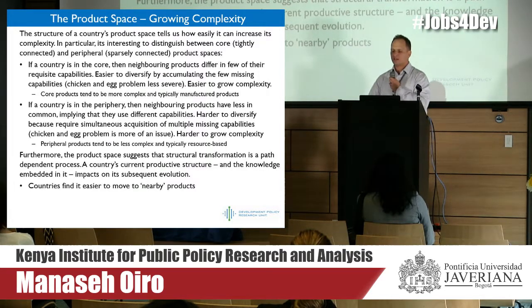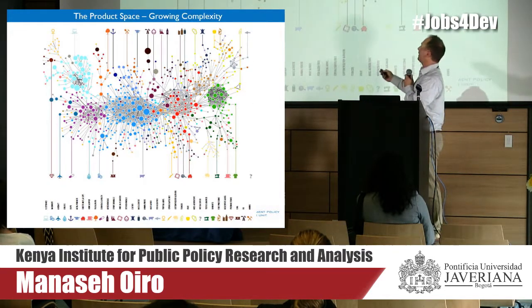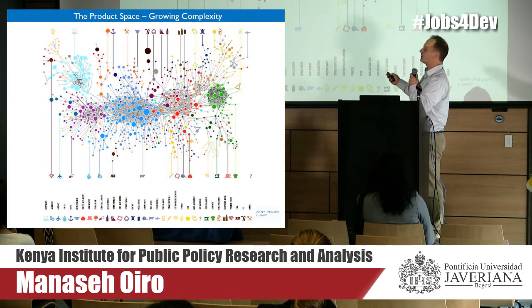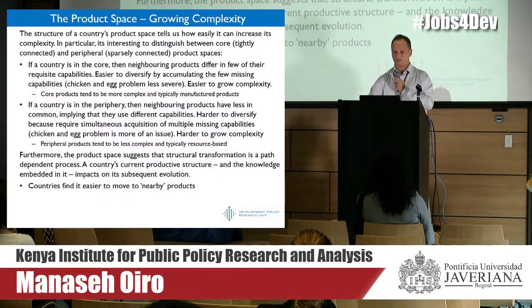What this means is that if a country has some occupied nodes in the core of this product space, it's relatively easier to diversify their manufacturing. Whereas if they occupy nodes in the periphery, it's a lot harder to diversify into manufacturing.